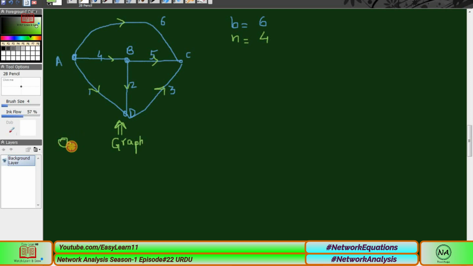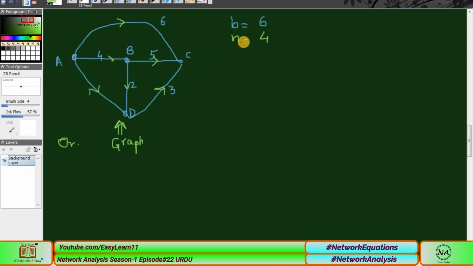So I just need OR here to represent oriented graph. An oriented graph is a specific graph which has more information than just a graph. It contains very useful information, not only containing the branches and nodes, but also useful information for applying Kirchhoff's current and voltage laws.